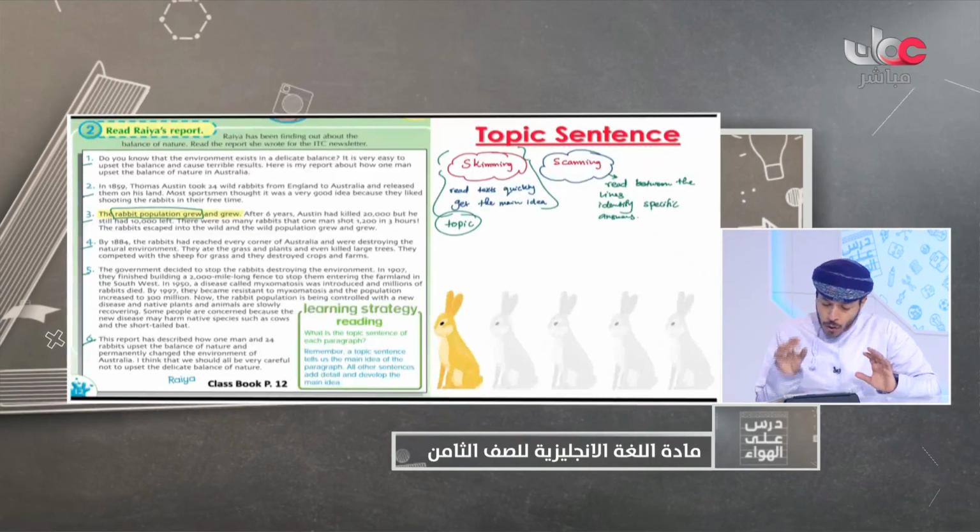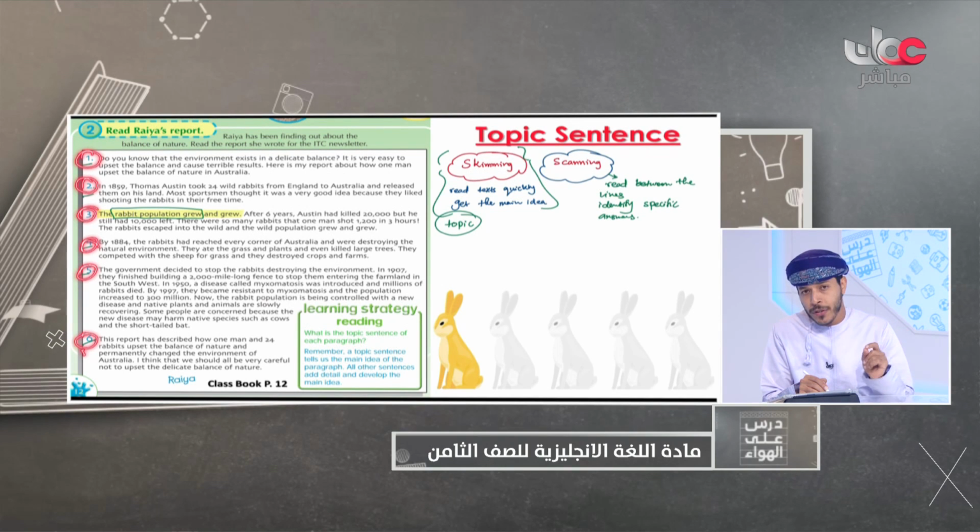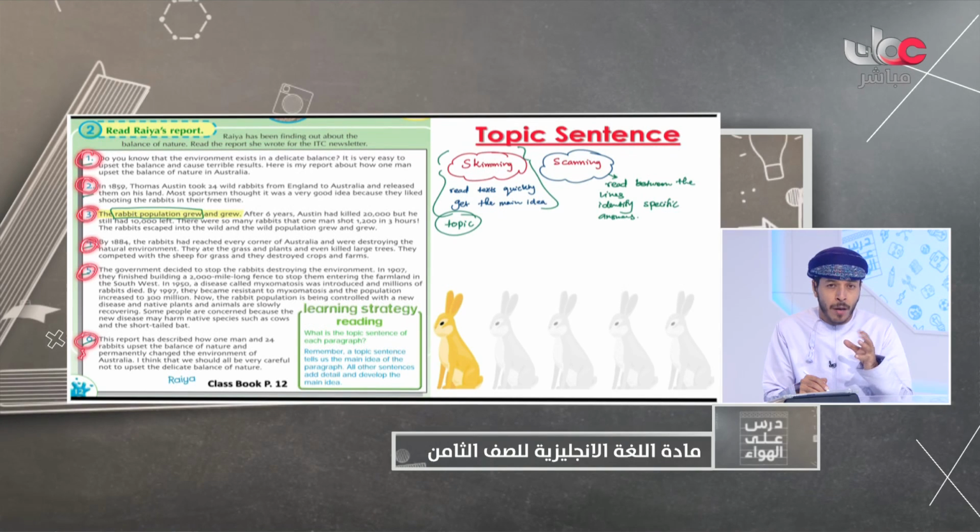Okay, so topic sentences are sentences which tell us the main idea of each paragraph. And each paragraph, so we have here how many paragraphs? 6 paragraphs. Each paragraph of these has a topic sentence, and the topic sentence usually, most of the time, comes in the beginning of each paragraph.